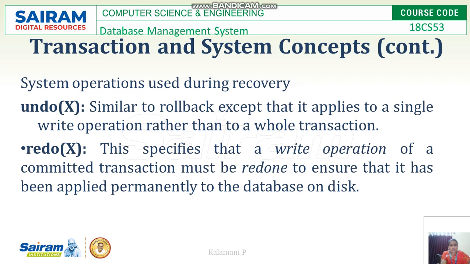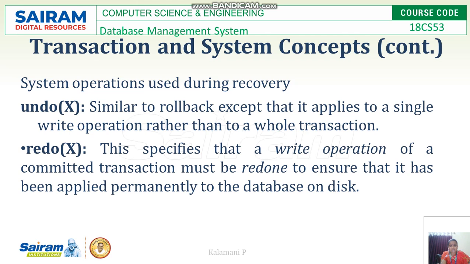The system operations used during the recovery process are the undo operation as well as the redo operation. Undo of X is similar to a rollback operation, except that it applies to a single write operation rather than to a whole transaction. Undo means the whole transaction will be applied.